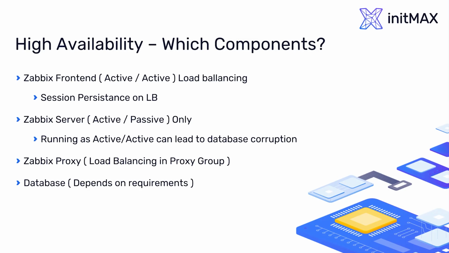Instead of giving your users two different IP addresses and saying, hey, we have high availability, if you want to connect to node 1, use this IP address, and for node 2, use that IP address, that's not usually how it works. Usually you have just one IP address used for all user sessions, and then you have a load balancer, which distributes the load between all of the frontend engines that you have in your setup.